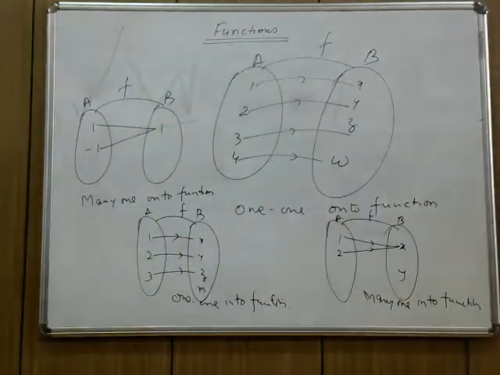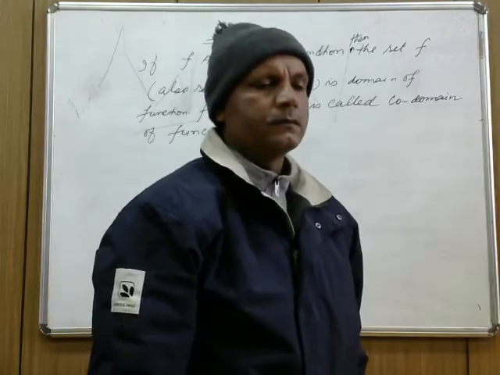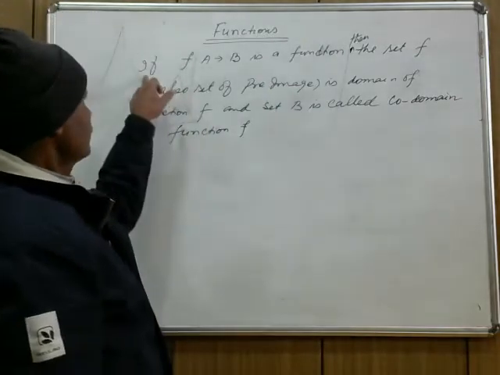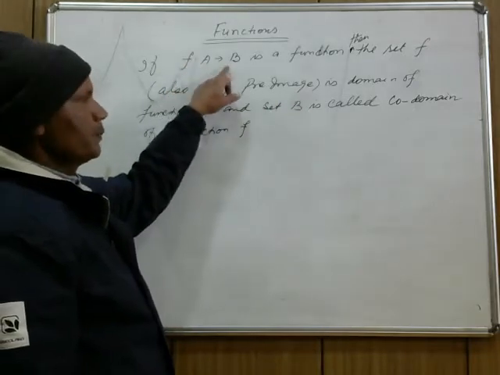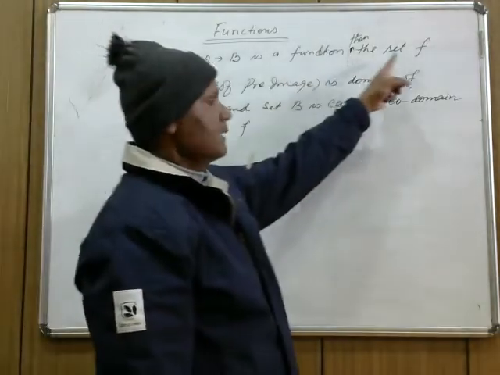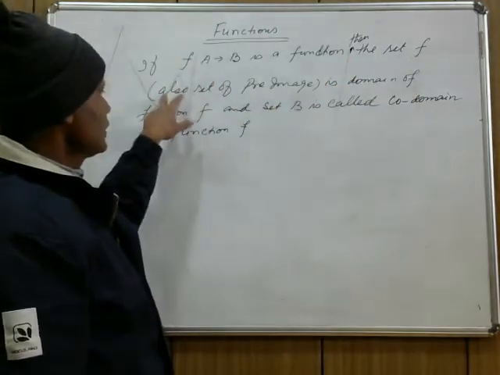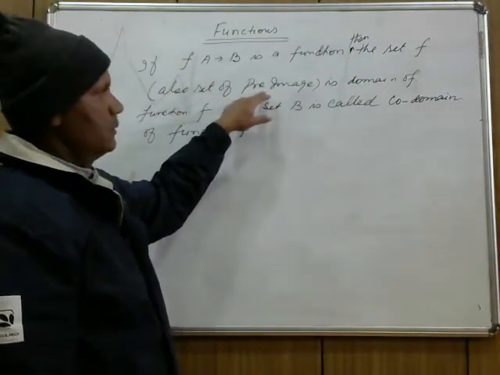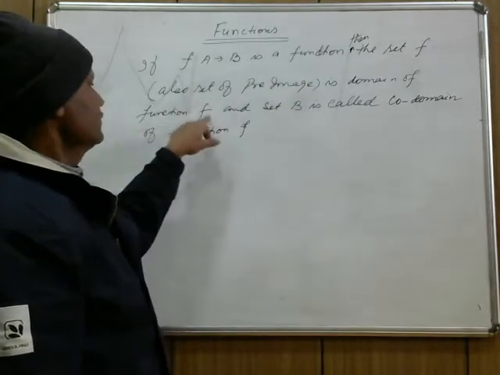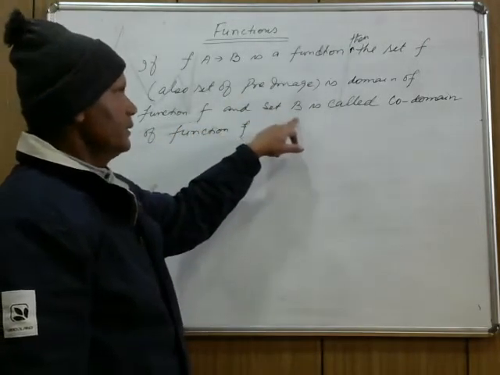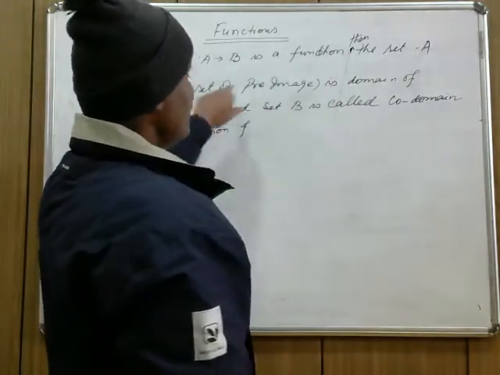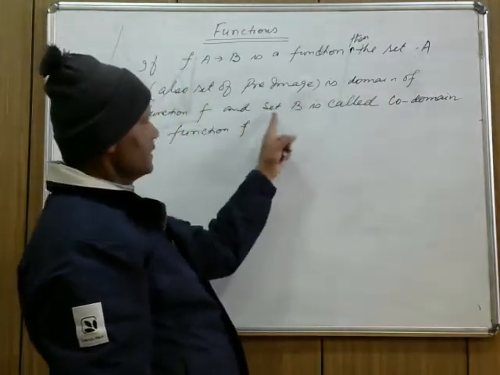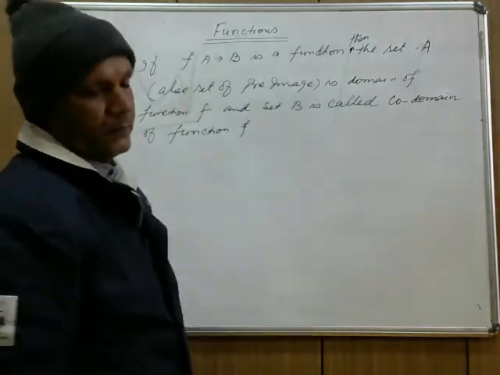Now I will just make you write the definition of the function. Right. If f is a function from A to B, or f is a rule from A to B, then the set A, also the set of pre-images, is the domain of function f, and the set B is called the codomain of function f.